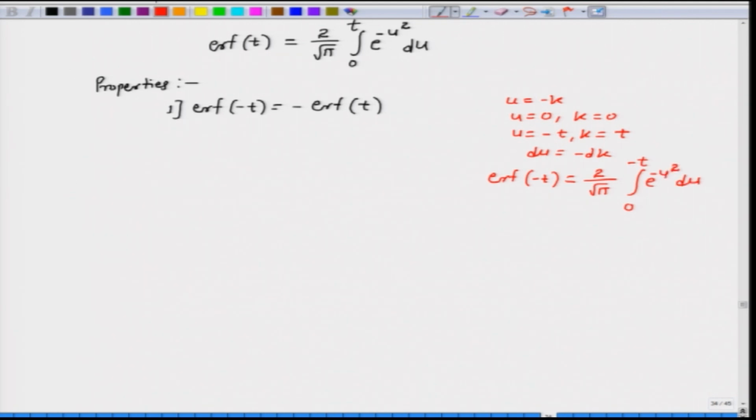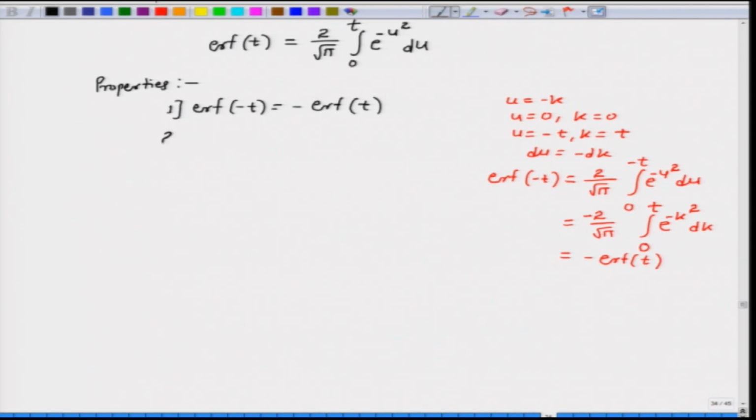Now, if we substitute u equal to minus k, this turns out to be 2 over root pi integral 0 to t, because when u is equal to minus t, k is equal to t, and u square becomes k square, and du is minus dk. So, there will be a minus sign here, and so we see that erf(minus t) is nothing but minus erf(t).